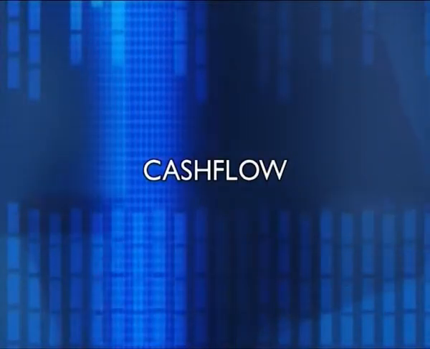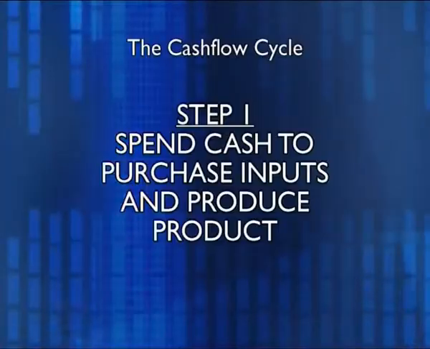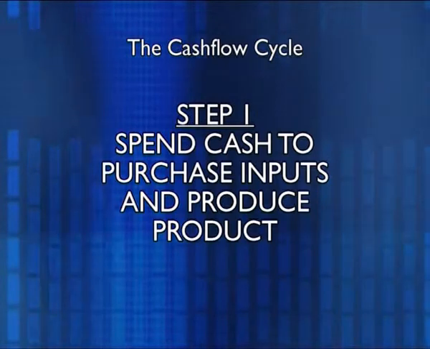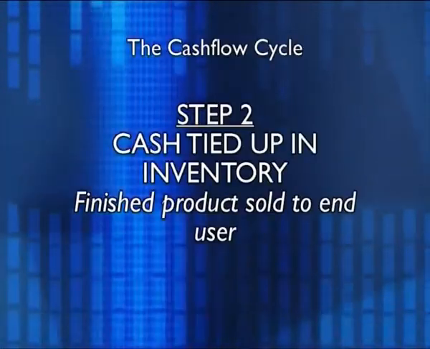Cash flow is the movement of money in and out of your business. It's sometimes referred to as working capital, and it's a cycle usually calculated in a number of days for it to be recycled back to cash. For example, a business would have cash and it would purchase inputs to make its product, and that might take a month to produce, and then it would sit on the shelf for 30 days.